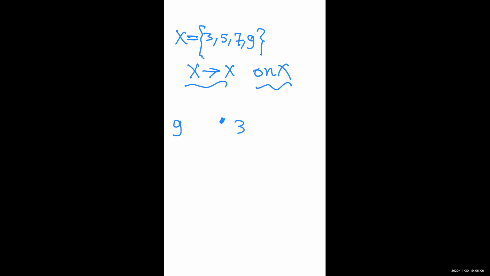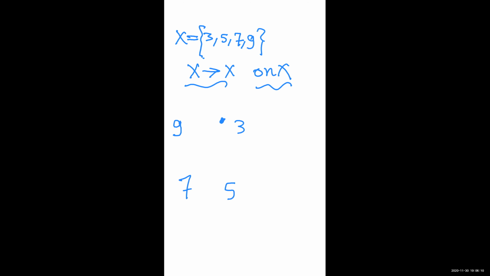If X equals 3, 5, 7, 9, the relation is from X to X, a relation on X. Given an arrow diagram, one element is 3, one is 9, one is 7, and one is 5.